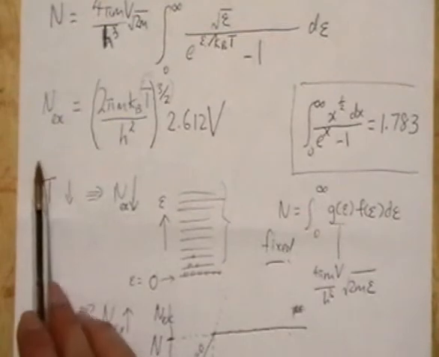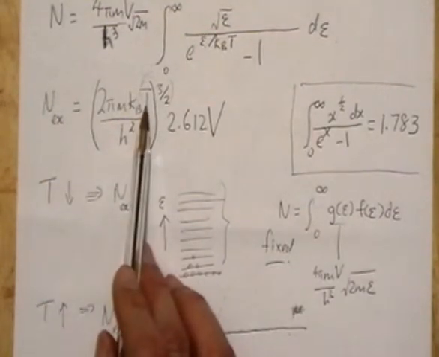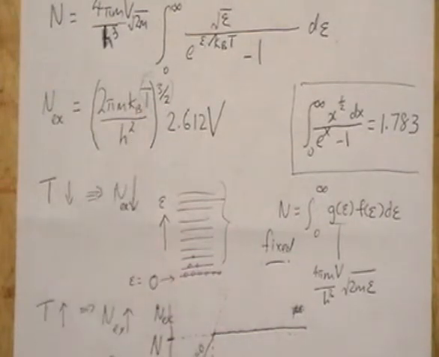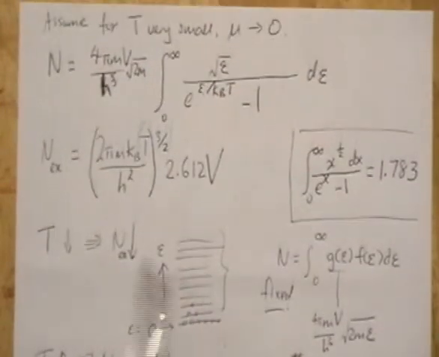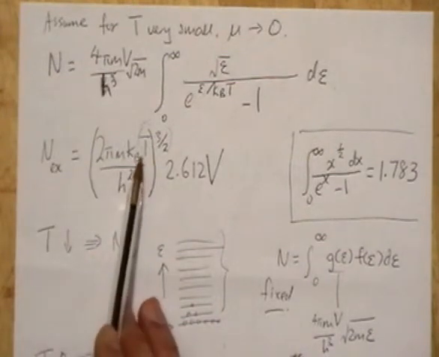We had this formula here that relates N_EX to T, and the T we are interested in is the T_BE, which happens when N_EX is equal to N. So therefore, all we need is to set N_EX to N, and we can solve for the condensation temperature.